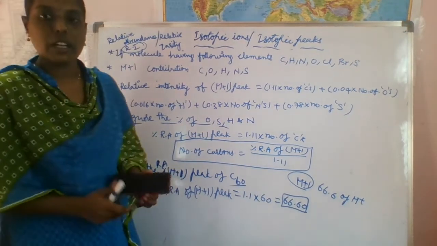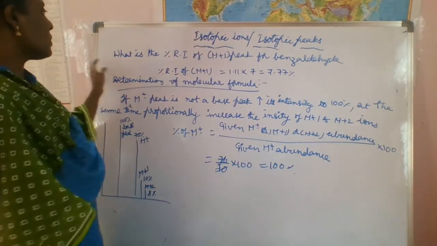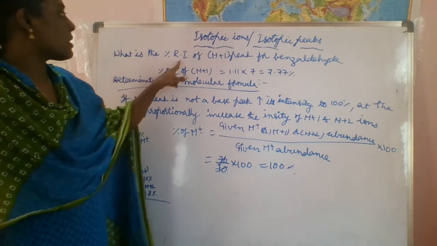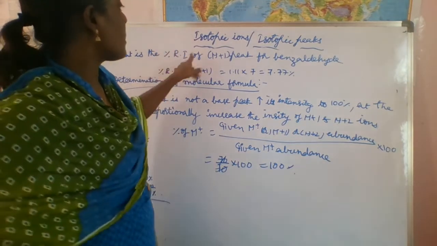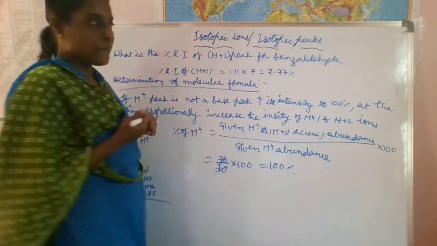Now let's calculate the percentage of relative intensity of the M plus 1 peak for benzaldehyde. What is the benzaldehyde formula, right?